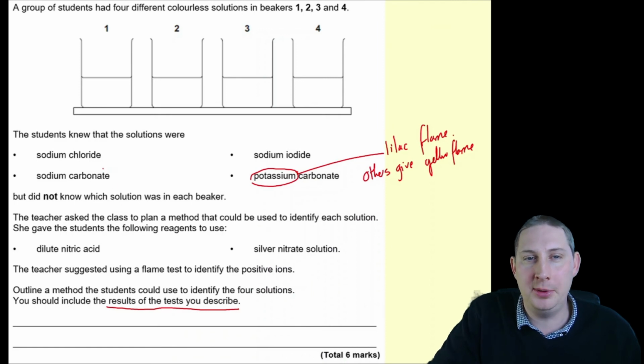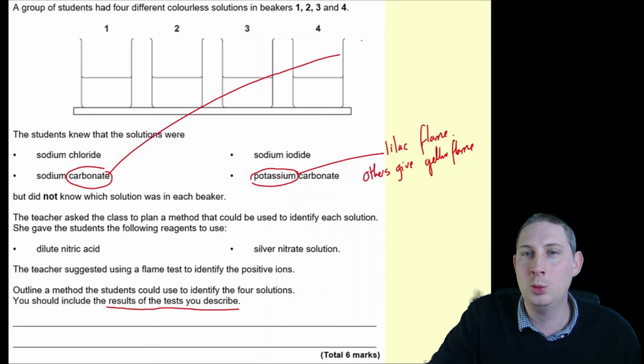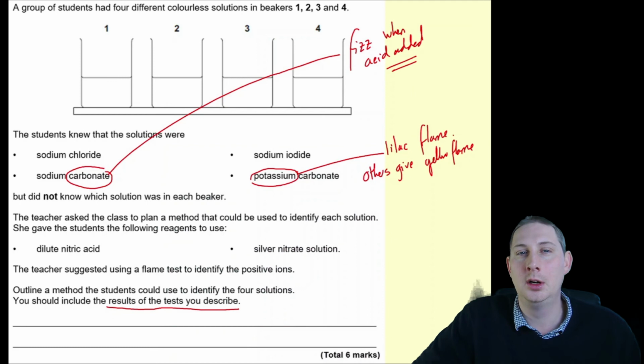Now what would happen when you added an acid to a carbonate? This would fizz when the acid is added. We don't have lime water, we aren't given that, we can't talk about lime water, but we could identify that because it would fizz when the acid is added.